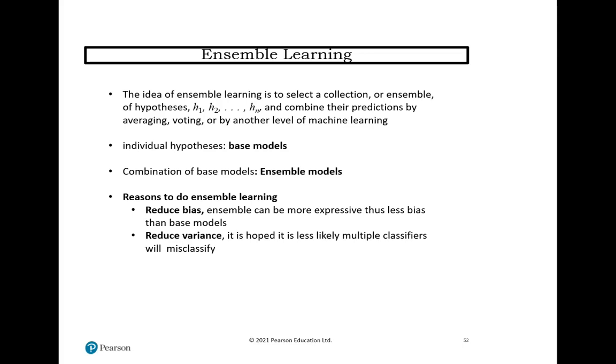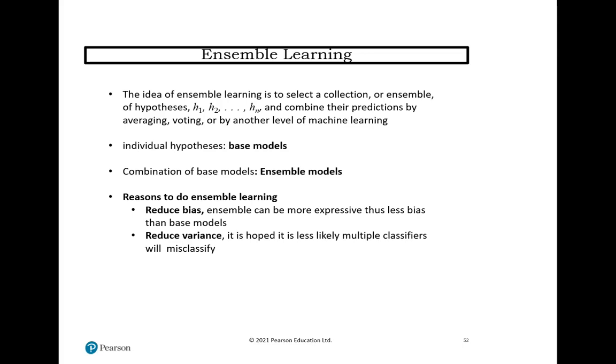So we're not really getting any advantage from creating this collection of classification trees. So we have to find a way to create these models, but to make sure that they're different.